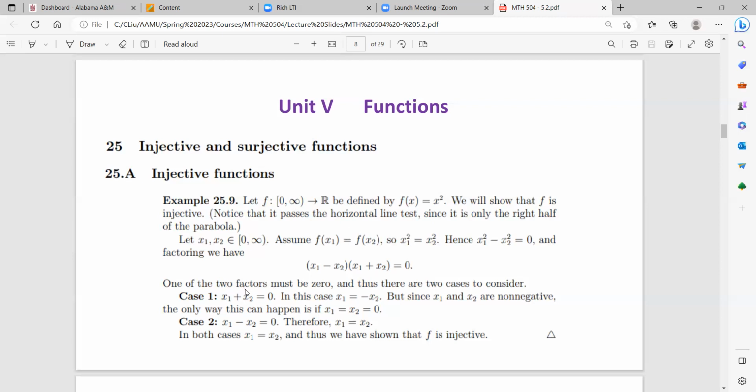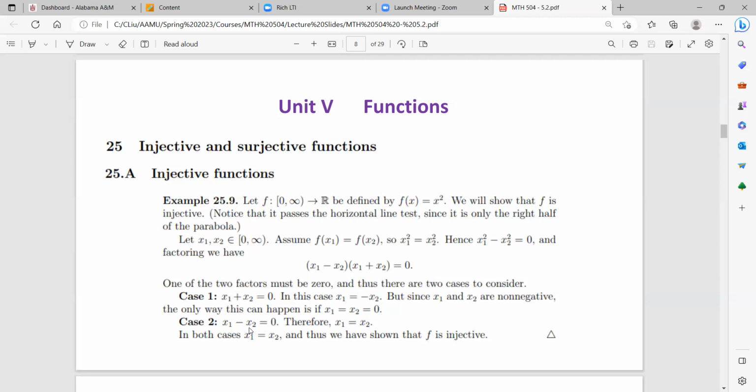And if you want the sum to be 0, then both of them have to be 0, right? You cannot have either of those values be positive because the other number is not negative. So both x1 and x2 have to be 0. So in this case, we got x1 equal to x2, right? Actually, they're both 0. But the important thing is x1 is equal to x2. Okay, so that's one case. So it is one-to-one in this case.